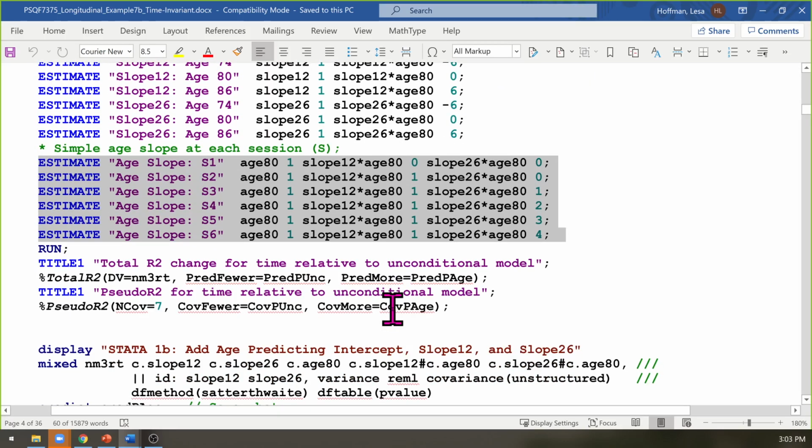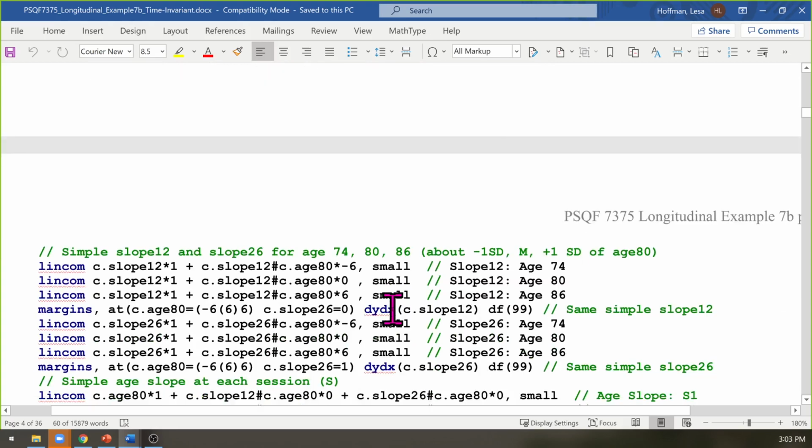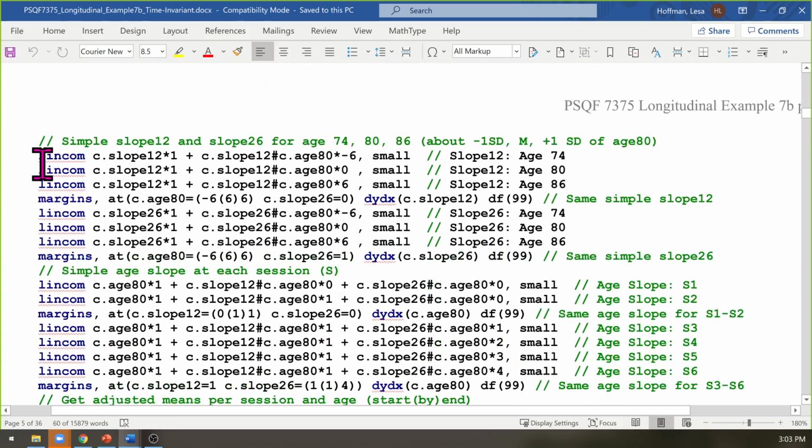So the same things happen in Stata. I have Stata code for this, and Stata has something that SAS doesn't have. A shortcut. I know, I'm jealous.